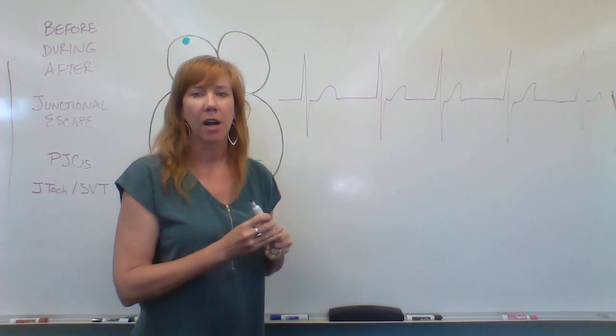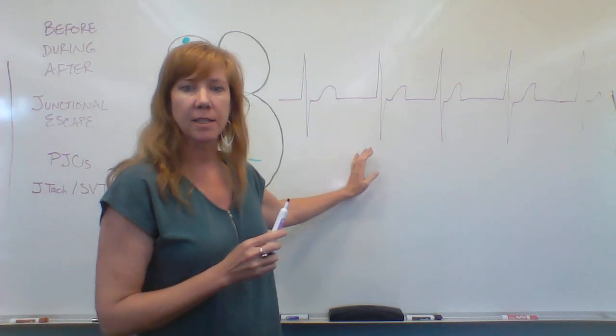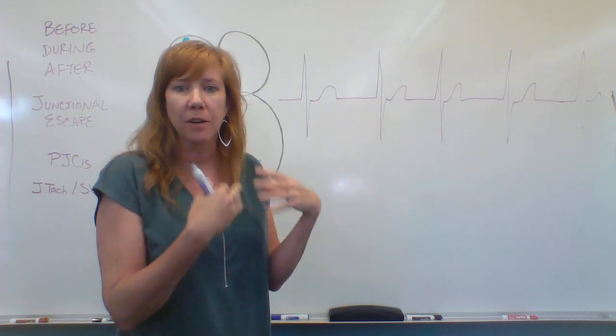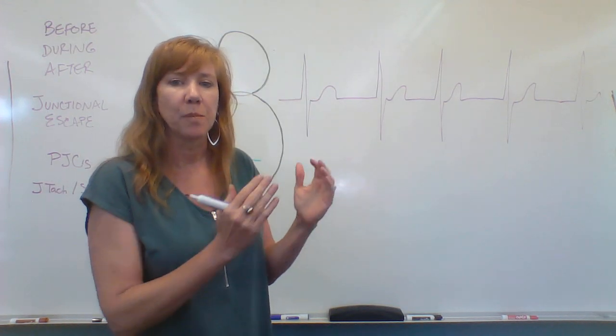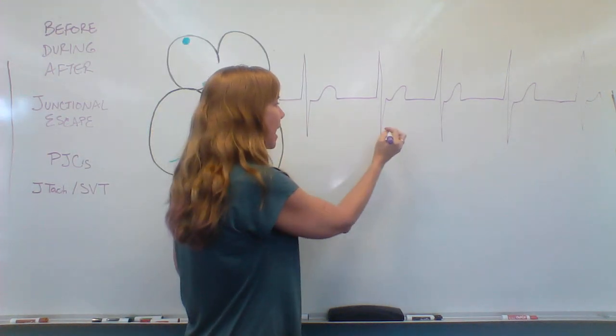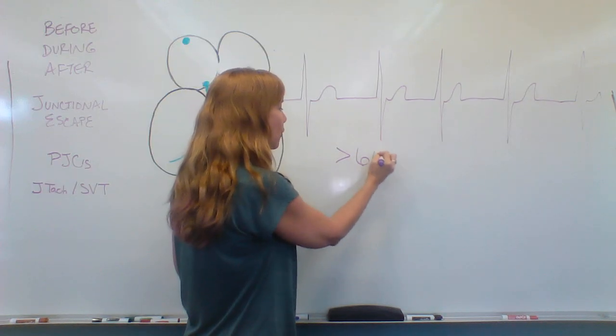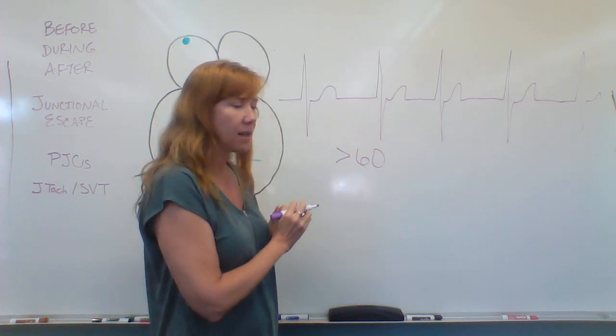The other thing your body might do for you is, a lot of people might be in a junctional escape and your body gives you a little bit of adrenaline to speed up the intrinsic rate. So they'll be in something that looks exactly like this, but the rate will make its way over 60 beats per minute.